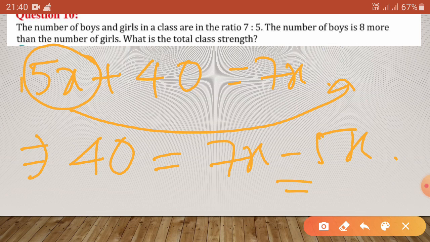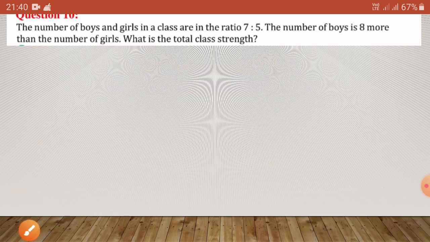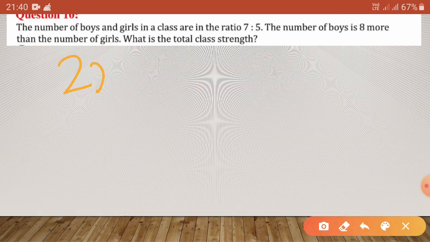The sign of 5x is plus, so on the right side it gives us minus 5x. So ultimately it gives us 40 equal to 2x, so we can write it as 2x equal to 40. We are writing the variable on the left side because we have to find the value of the variable x.